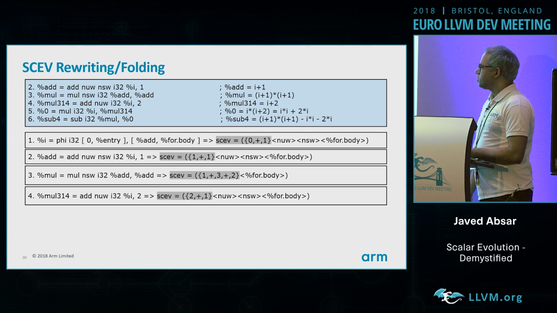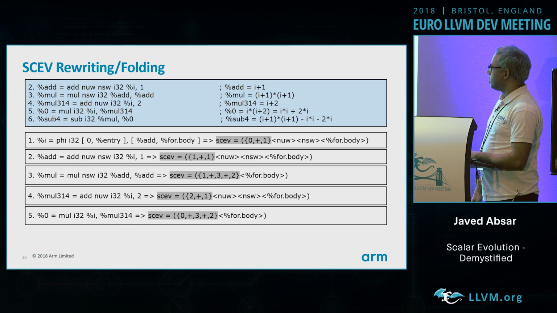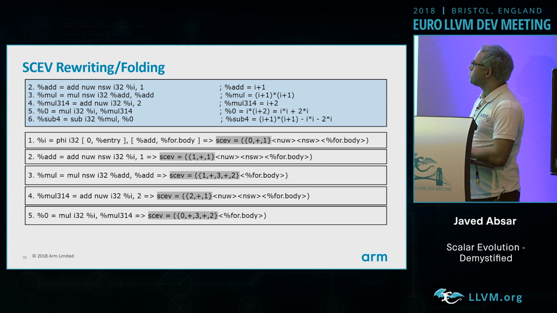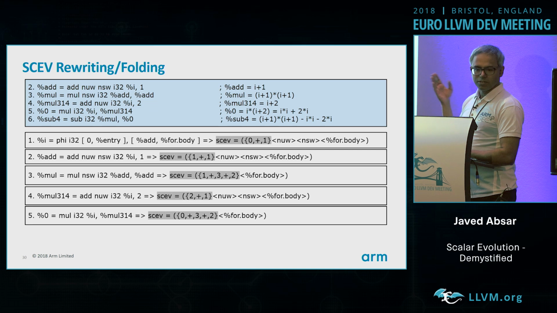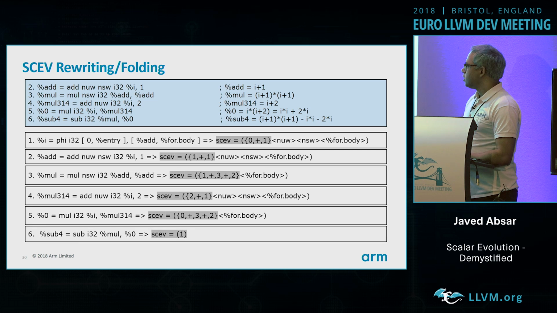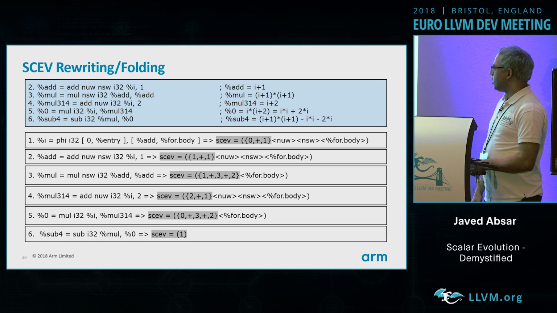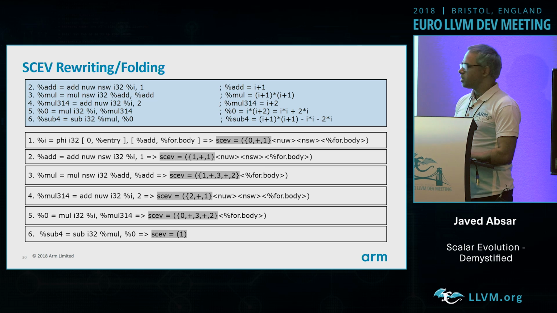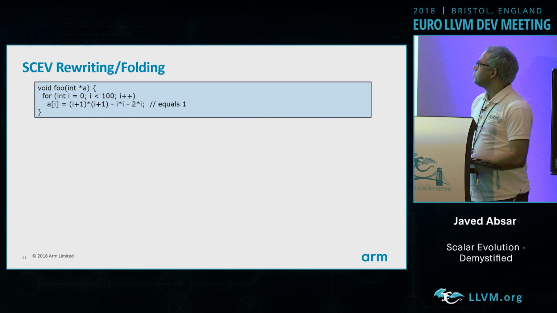And then it does a 2 plus I and so on. The magic is in the last step when it's doing the subtraction. So it's doing analysis. It's not actually writing out the new code, right? It does this analysis and comes to the conclusion, which we knew upfront, that the final expression is just 1. So what does it do?